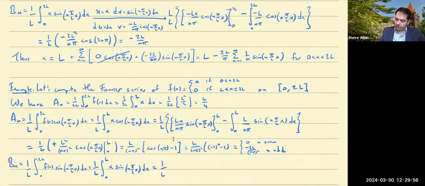So we can just write down this 1 over L, and then here I have minus L x over n pi cosine n pi over L x evaluated at 0 and L, minus the integral from 0 to L of minus L over n pi cosine n pi over L x dx.